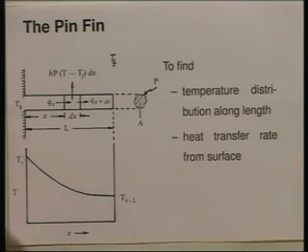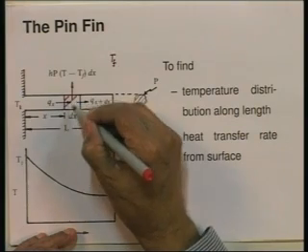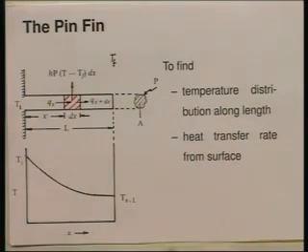What we will do is the following. In order to derive the differential equation for this case, we will consider a closed system like this, shown shaded by me here.